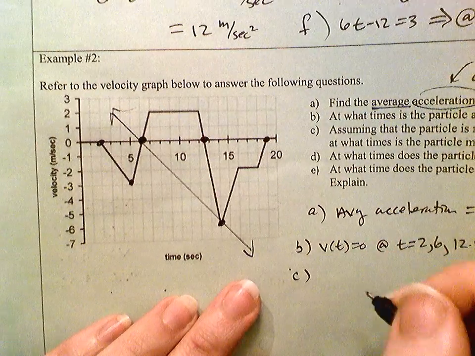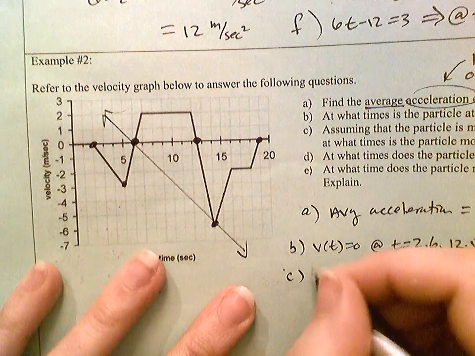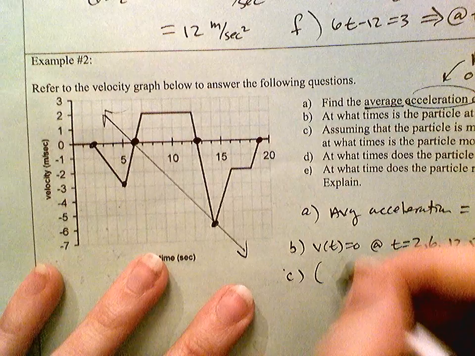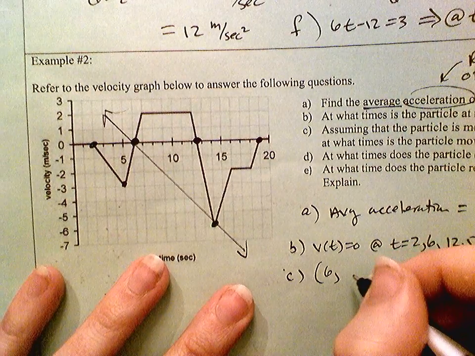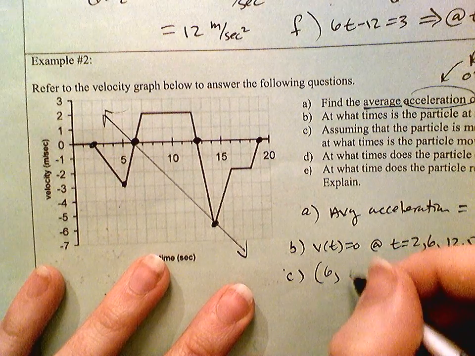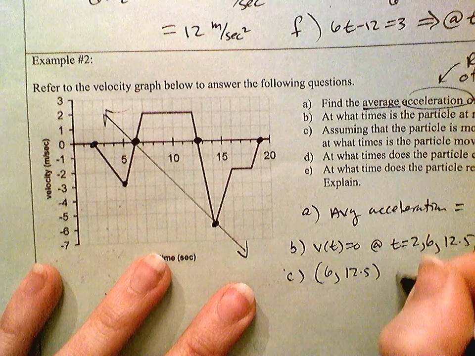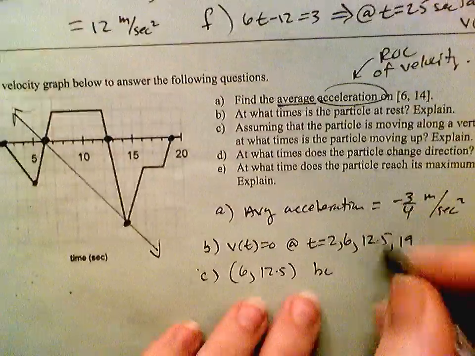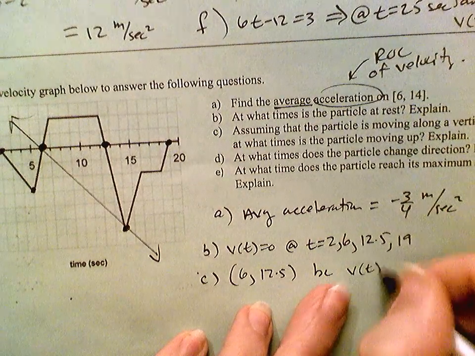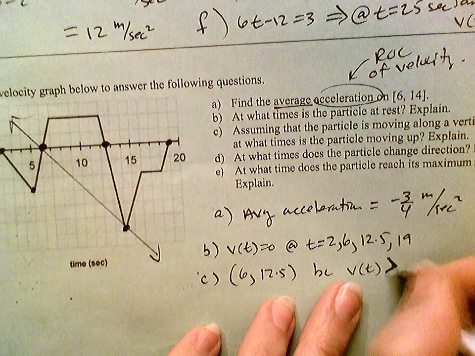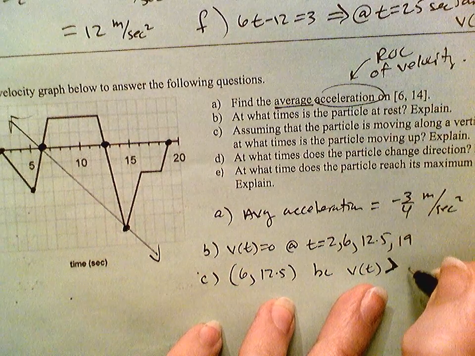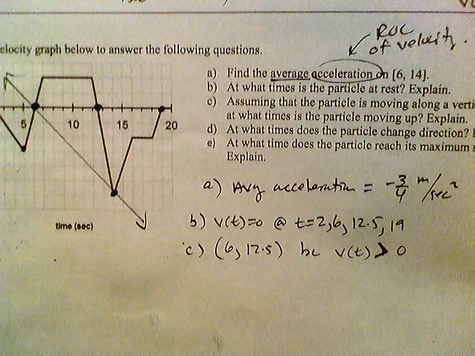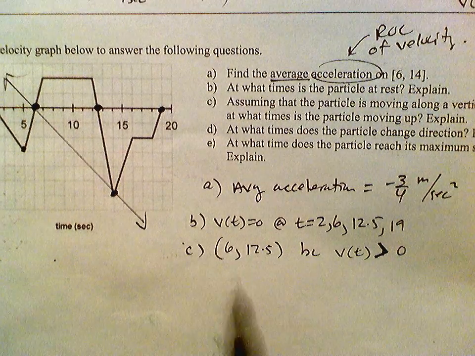So it's moving up when the graph is positive, because this is the velocity graph. So from 6 to 12.5, because v of t is greater than 0 on this interval.